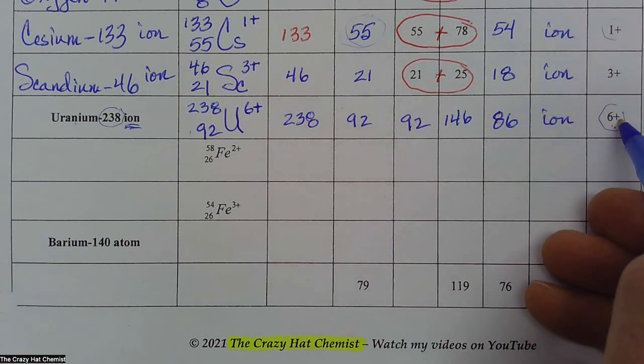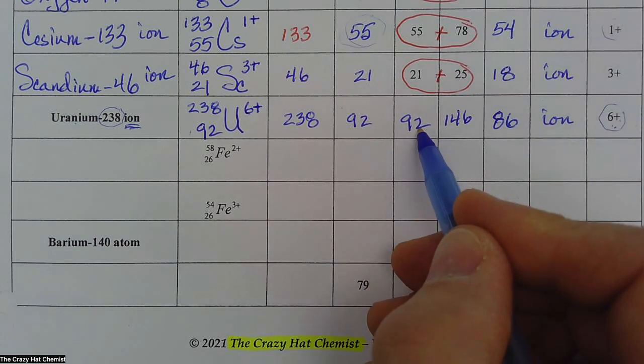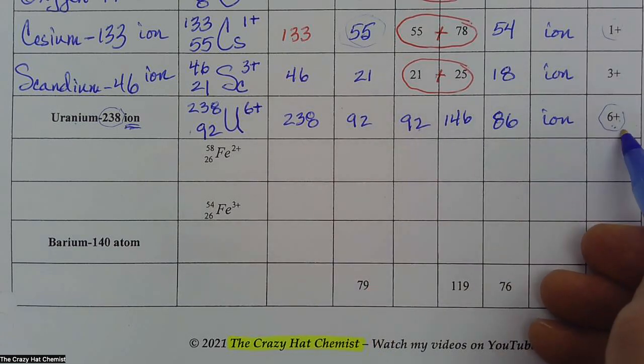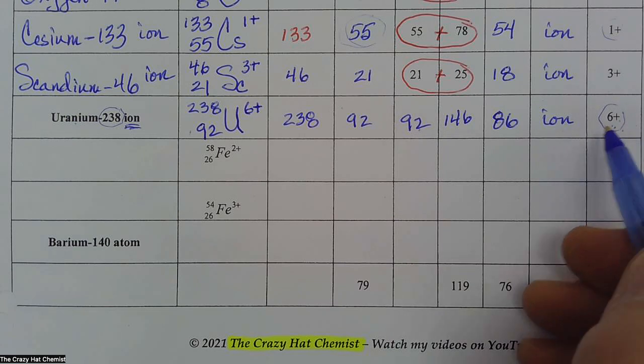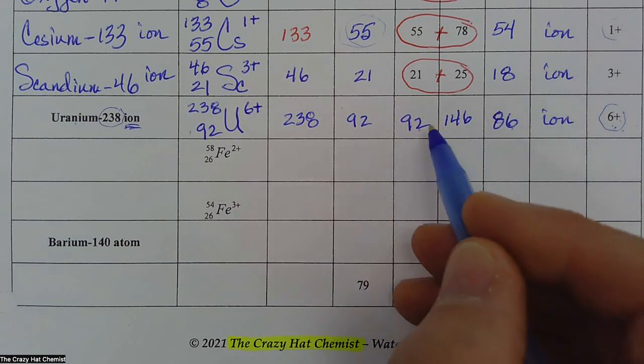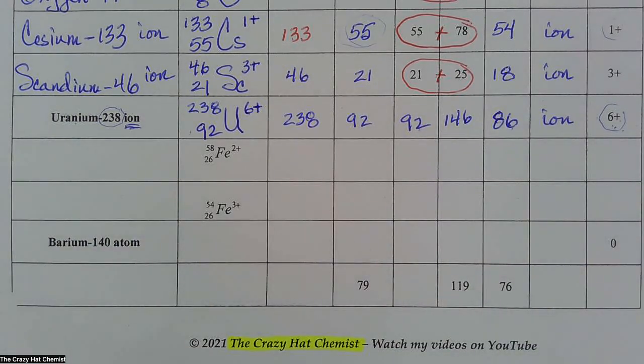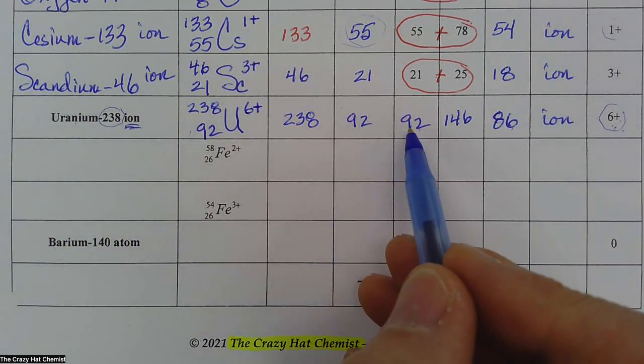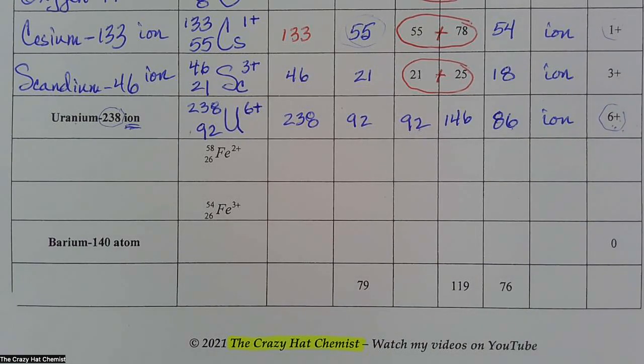Remember, if it's positive, that means that there are more protons. By how many more? 6 more protons. So you can always just double check your work and add 6 to this right here, and you should get that 92. So 86 plus the 6, that's equal to 92. That's correct. All right, let's move on to the next problem.